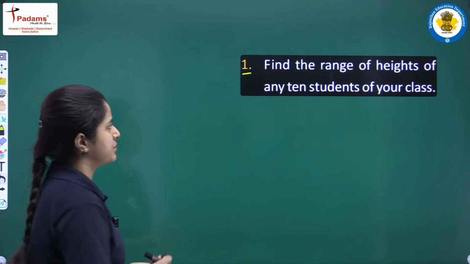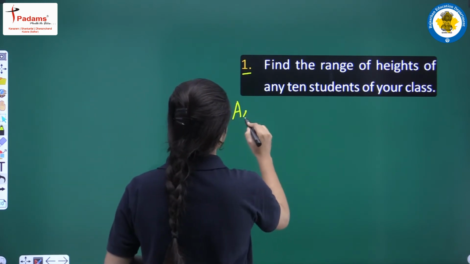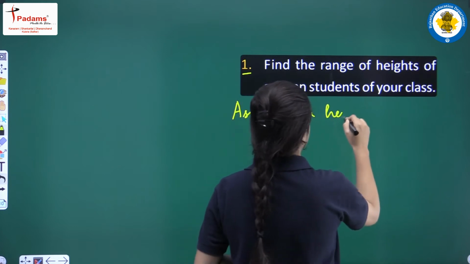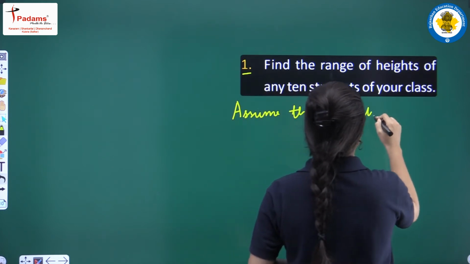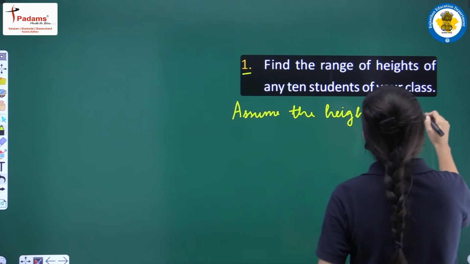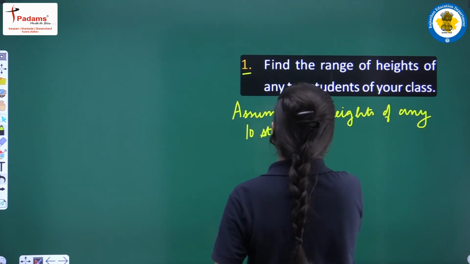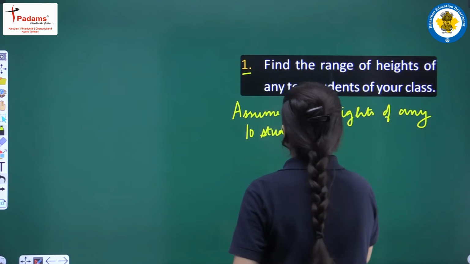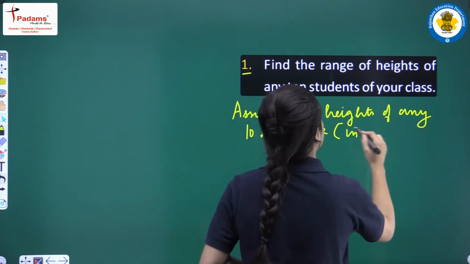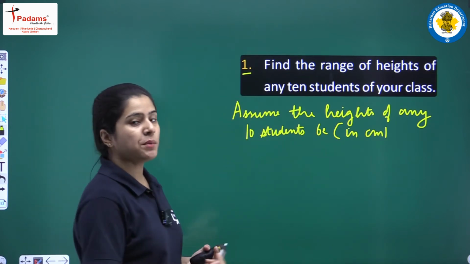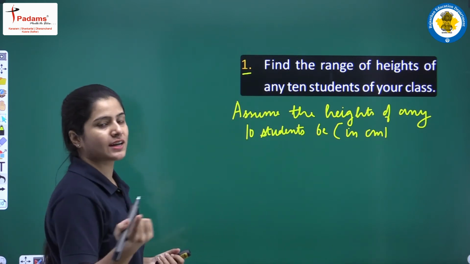Let us assume the heights of any 10 students be in centimeters. We are finding out the height, okay students. So I am assuming the heights of the students of your class.